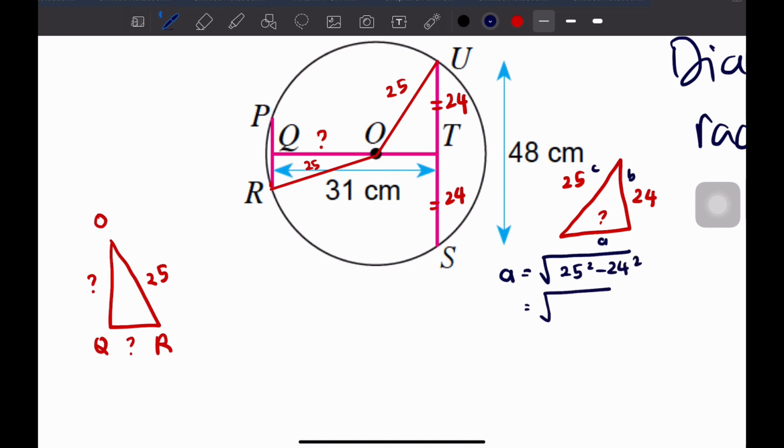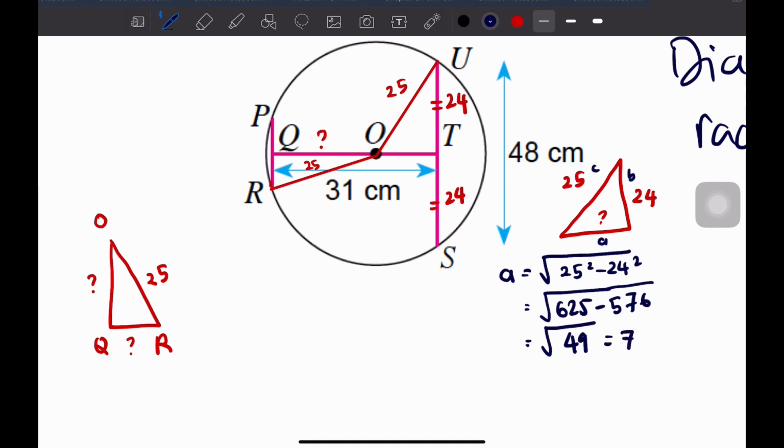So 25 square is 625. Actually you can calculate directly in your calculator, but I want to calculate one by one to make it clear to you. So 625 minus 576 is 49. The square root of 49 is 7.